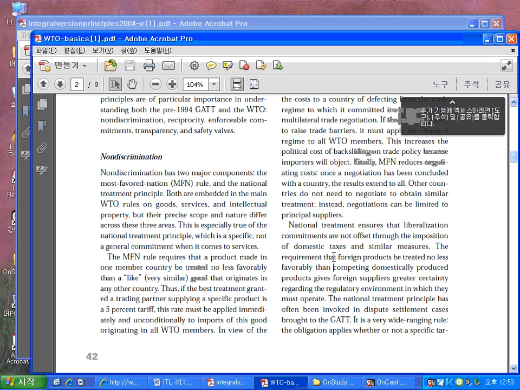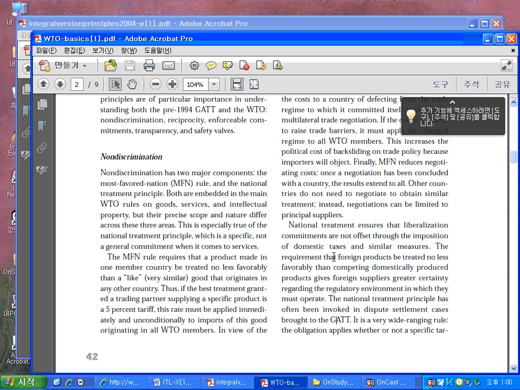The national treatment principle has often been invoked in dispute settlement cases. So you can note these two principles are a prime source of controversy and dispute in the WTO.